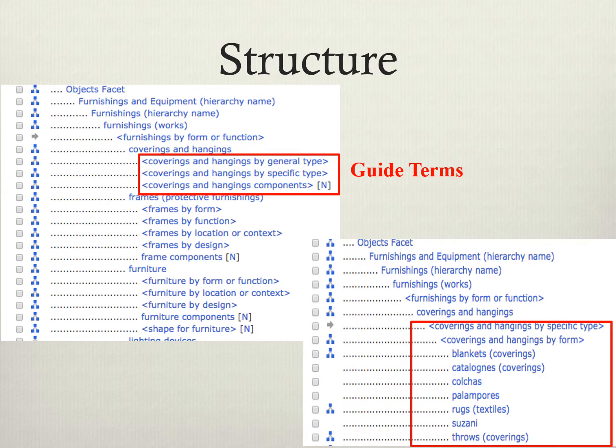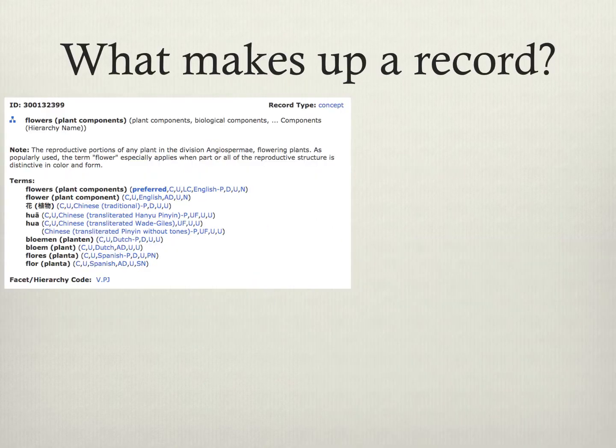You can see in this example, guide terms are used to organize concepts into logical categories. You can look for coverings by general types, by specific types, or by components as shown in that example. You cannot assign guide terms to a resource. You can only assign the terms that fall under them, such as blankets, rugs, throws, etc. in this example.